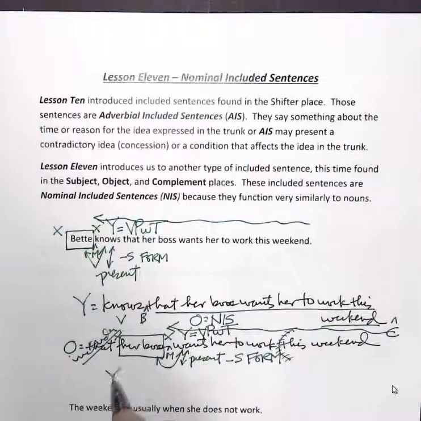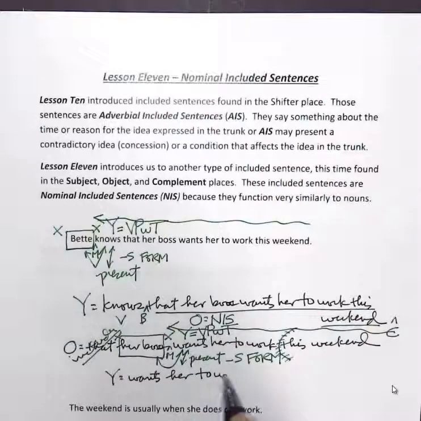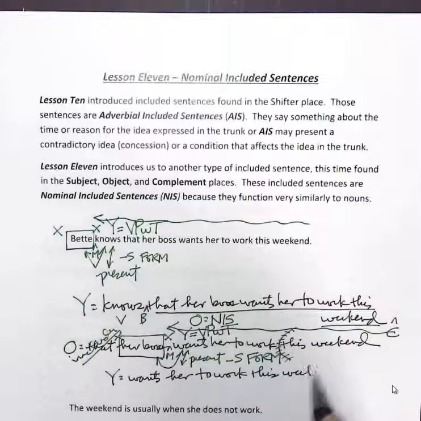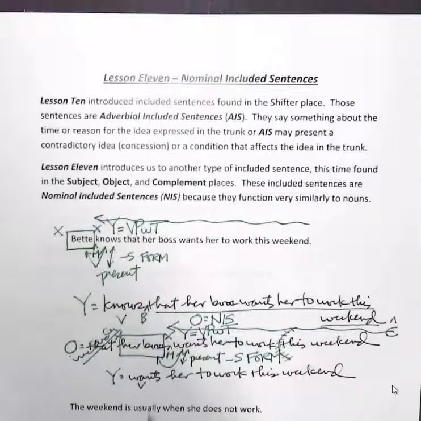Now let's rewrite our Y. Wants her to work this weekend. Wants is the verb. Particle place is empty. Her is the object. It's a noun phrase. To is the particle, and it goes together with work to make the infinitive.